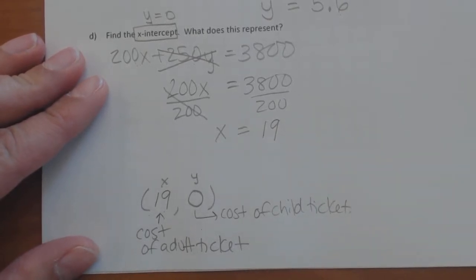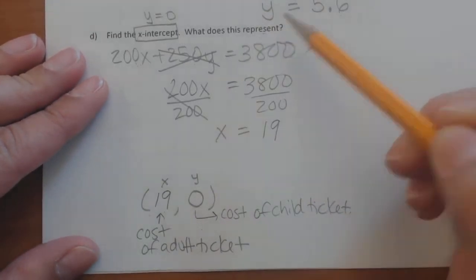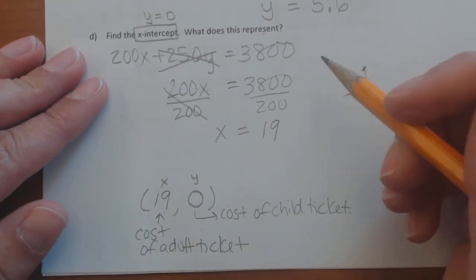And so this is going to help me write my complete sentence using communication in order to be able to answer the question for what it represents, tell you what it represents.